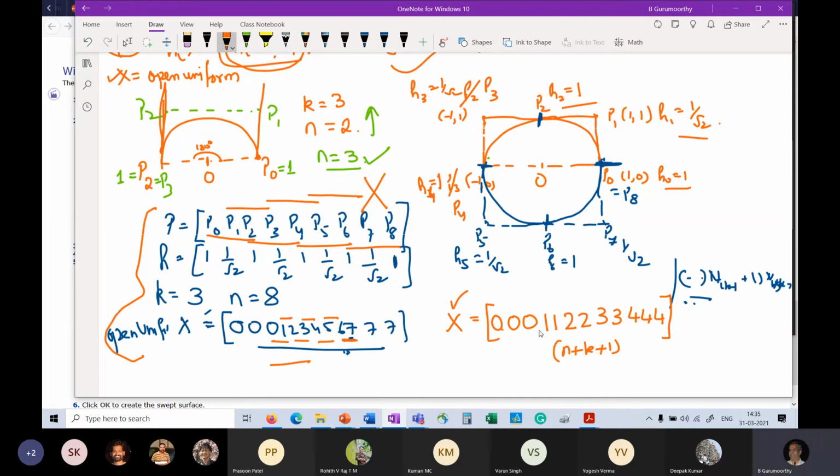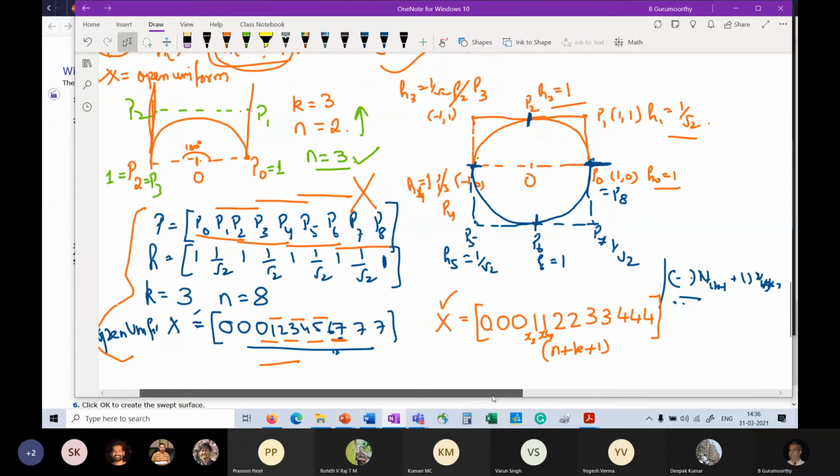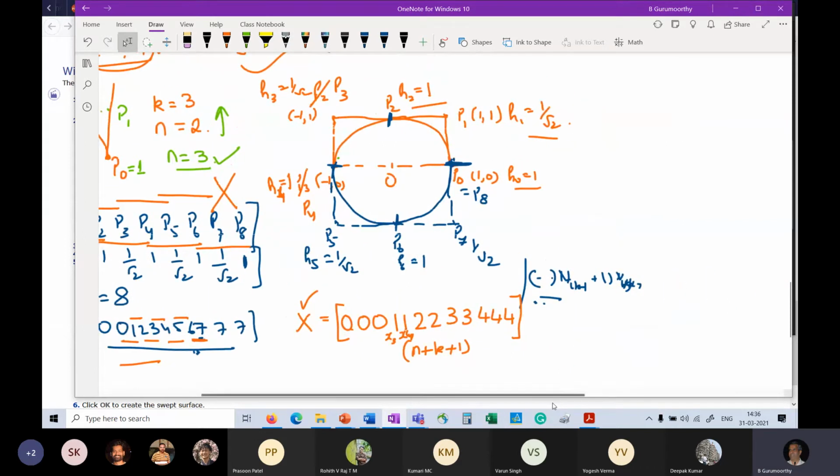What does this achieve? What it achieves for you is that if you look at this segment 1, 1, right? So this is x3, x4. Let me just make some space here. Again, this is just for you to understand. So x3, x4, right?